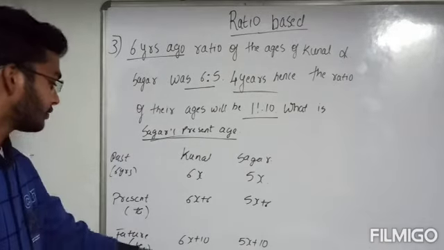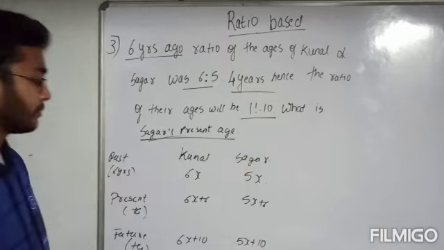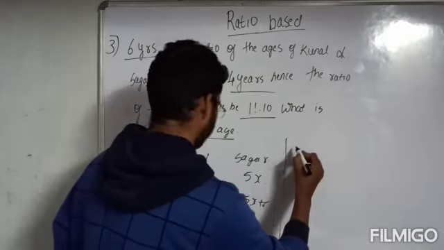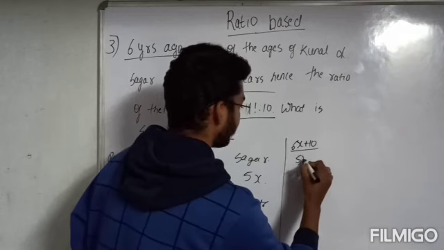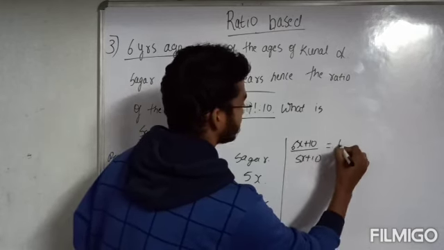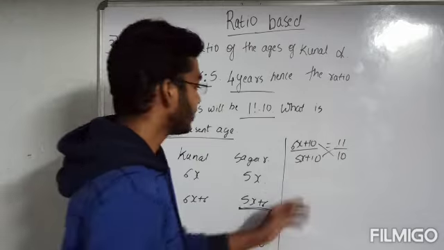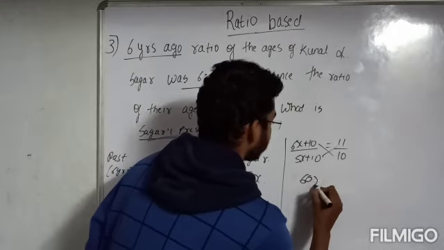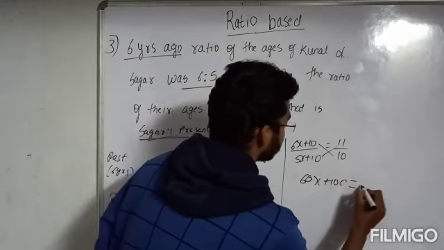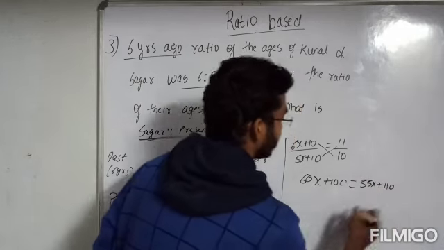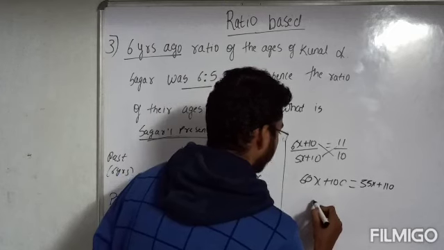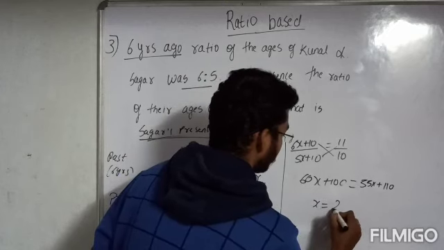So the ratio of these ages will be equal to 11/10. That is 6x plus 10 divided by 5x plus 10 is equal to 11/10. Solving, we'll get 60x plus 100 equal to 55x plus 110. By solving this, we'll get x is equal to 2.